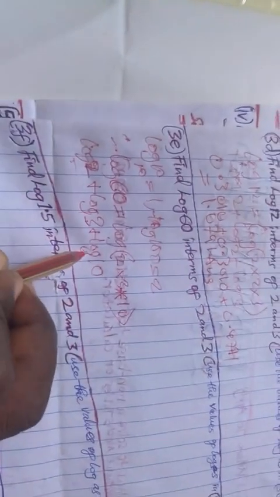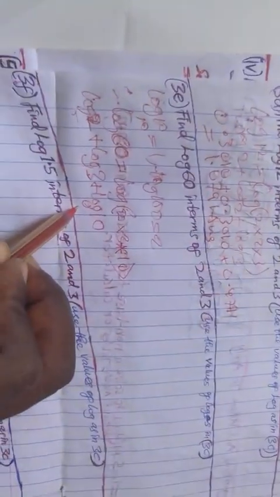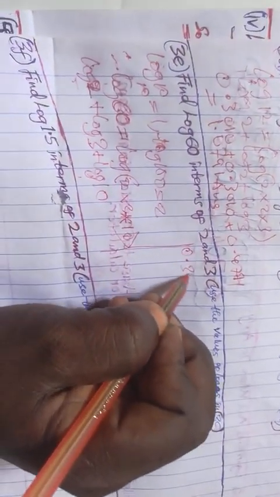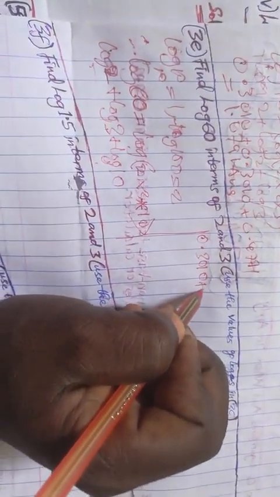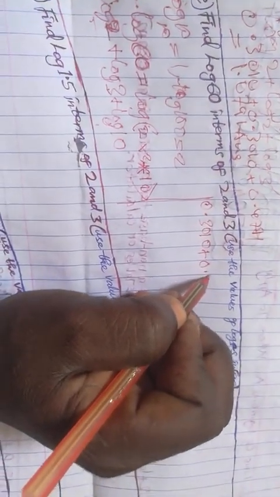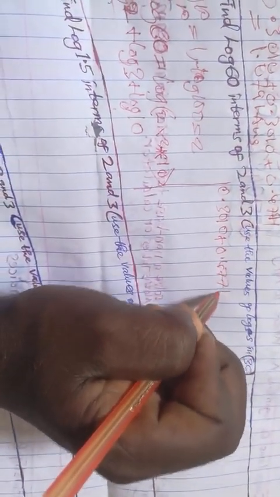So you substitute with those values. Use this expression to substitute with the values. Therefore we say 0.3010 plus 0.4771 plus 1.